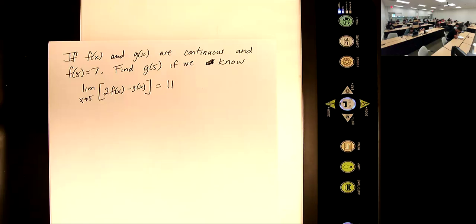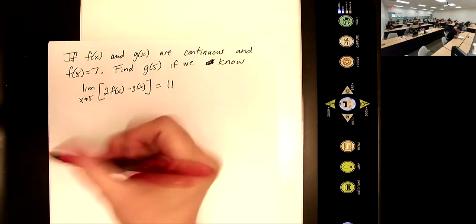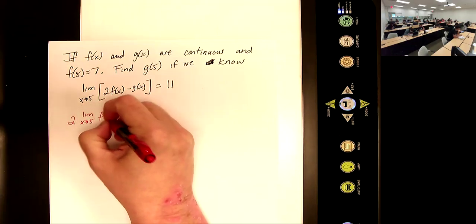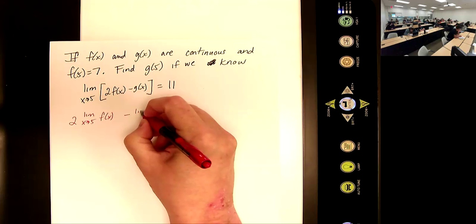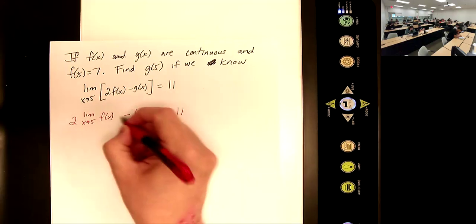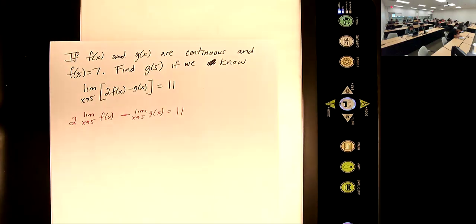Well, remember how limits work? We can break this left side up into two limits, and I can factor the 2 outside. And we know it's a continuous function, so we can stick in 5.